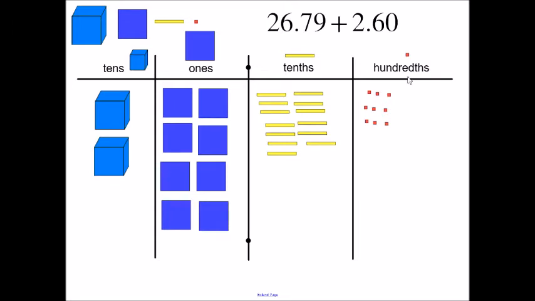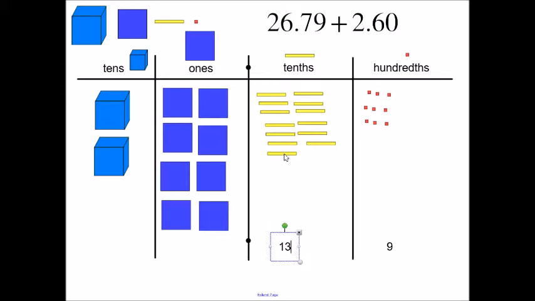Now I need to take a look and we'll tally how many we have at the bottom of each of these. So here I didn't change from my original. I have 1, 2, 3, 4, 5, 6, 7, 8, 9. So in our hundredths position, we are going to have a 9. In our tenths position, I have 1, 2, 3, 4, 5, 6, 7, 8, 9, 10, 11, 12, 13.